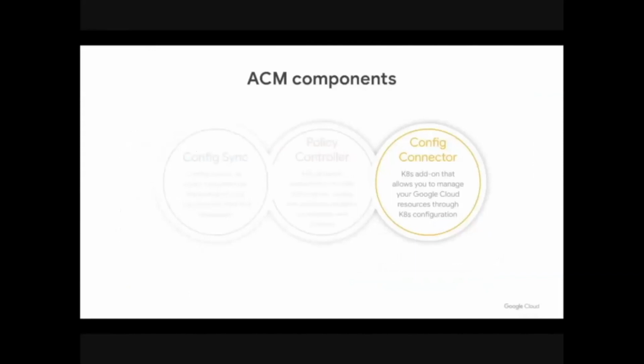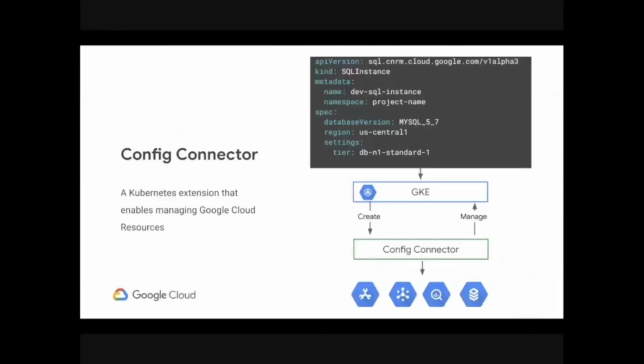And let's talk now about the config connector. Config connector is also a Kubernetes extension, which enables you to manage Google Cloud resources through Kubernetes configurations. So in this case, you can use just your regular kubectl or the Kubernetes API to provision Google Cloud infrastructure.